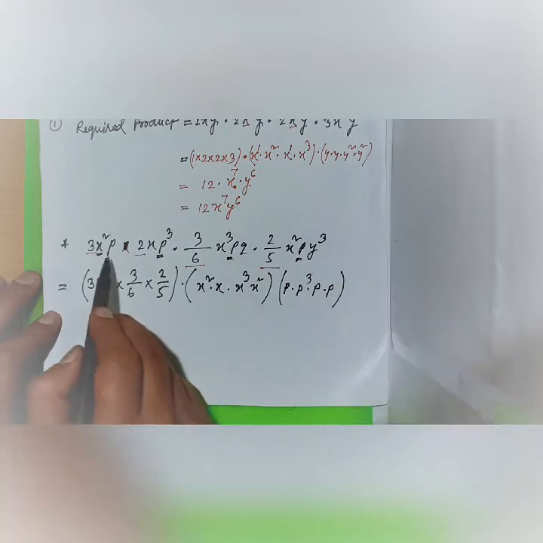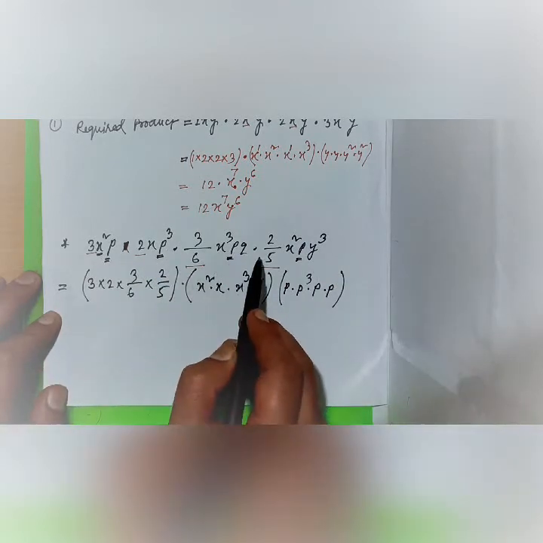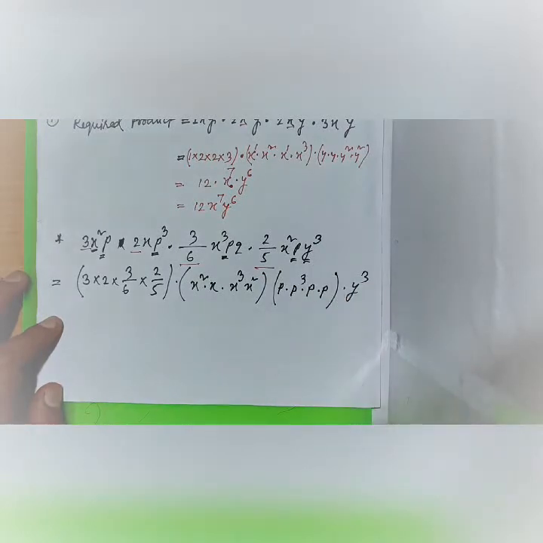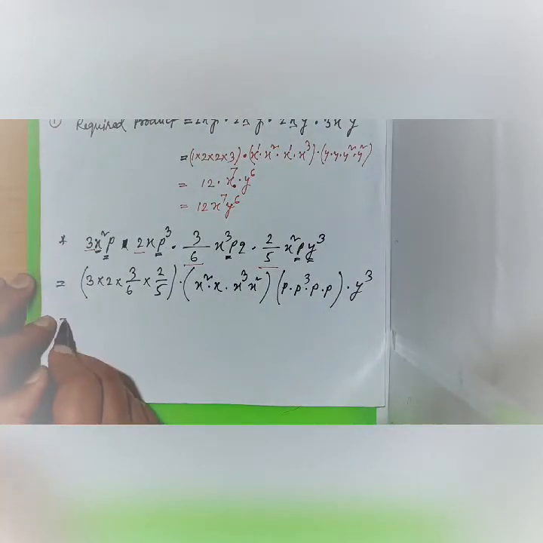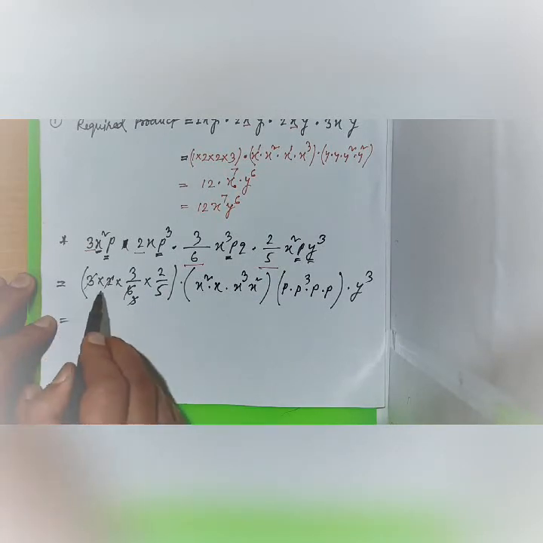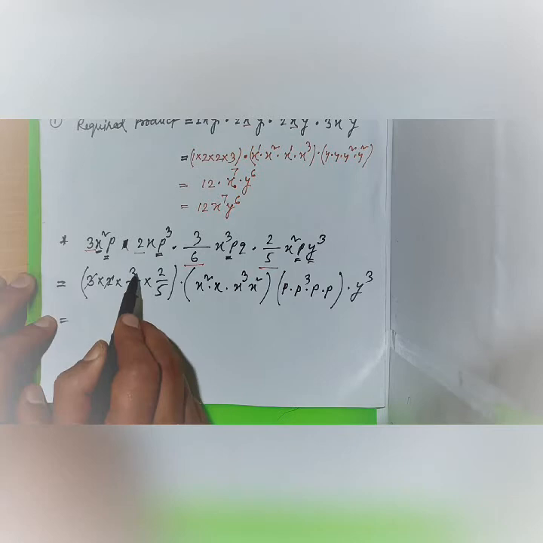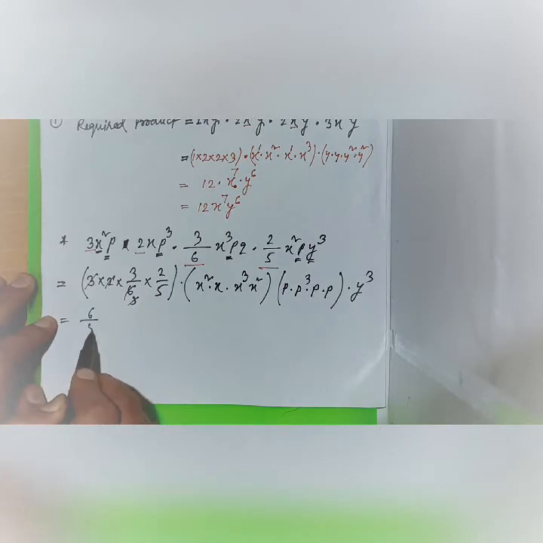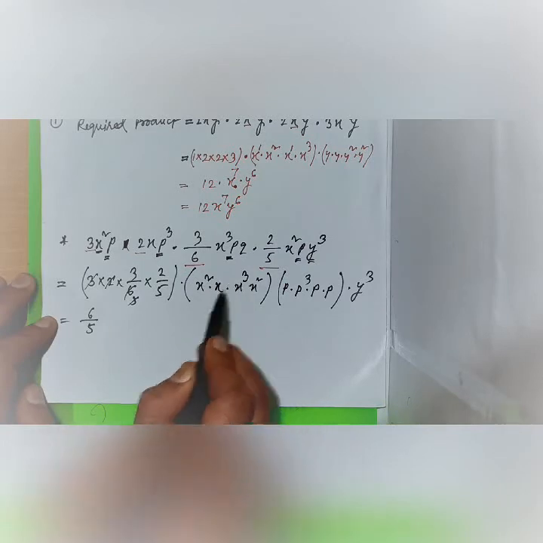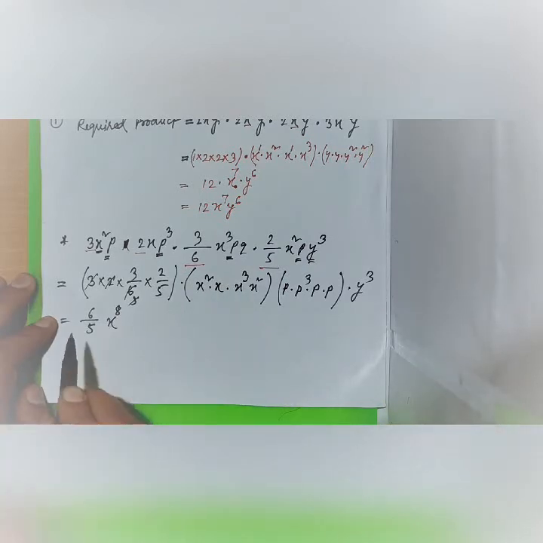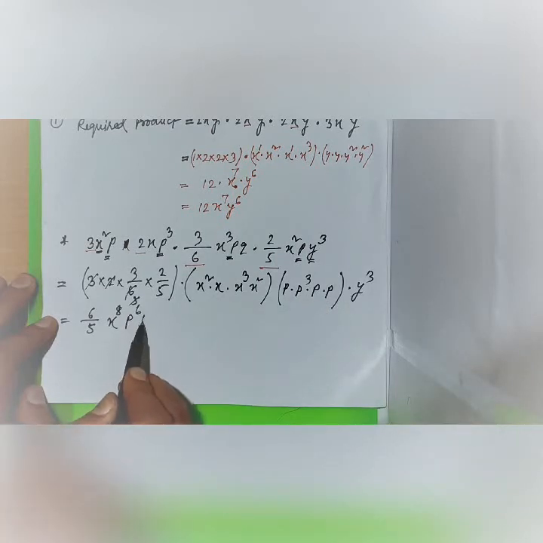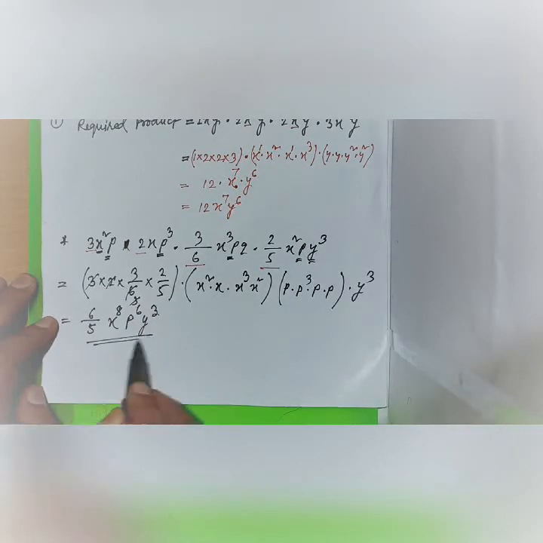At last there is y, one is left, so at last we will write y cube. Now what will we get as the answer? The 3s cancel, so we are left with 3 twos are 6 by 5. Applying the law, 3 plus 5 plus 1 gives x to the power 8. And so the final answer is 6 by 5 x to the power 8 p cube y cube.